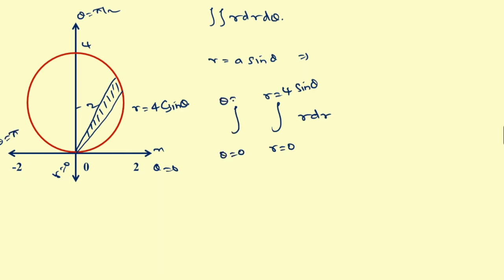So theta equal to 0 to theta equal to pi, d theta. Now look at this integral. This integral stands for finding the area of the circle with center (0, 2) and radius 2. What is the answer? 4 pi square units.